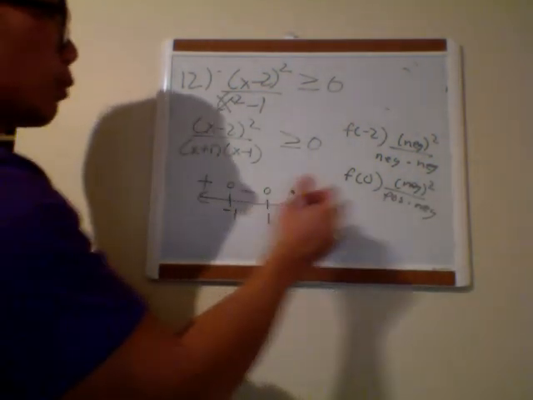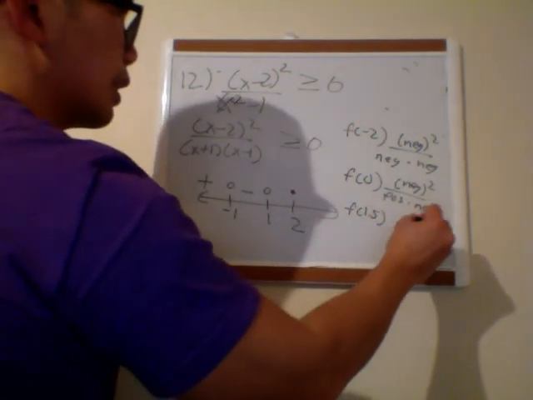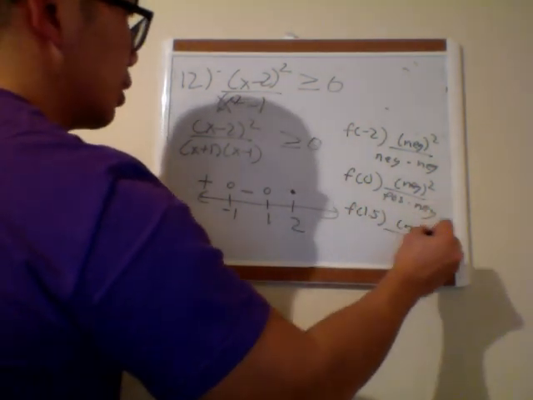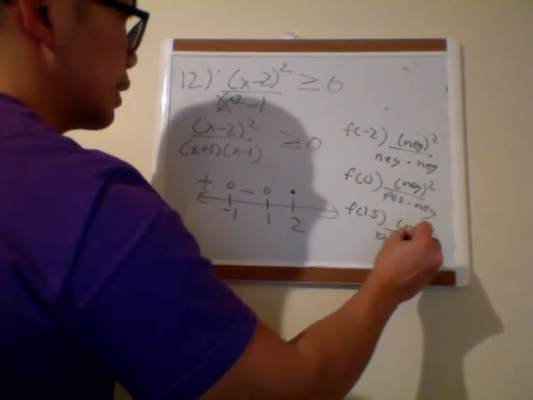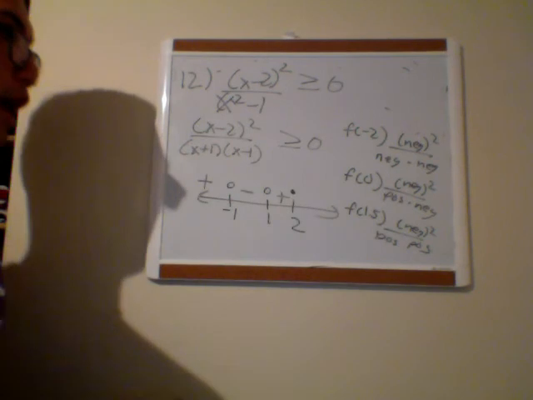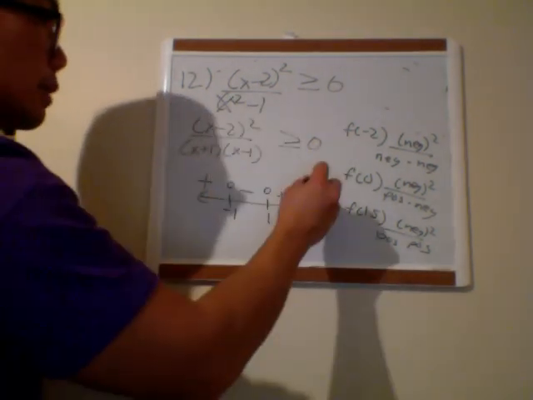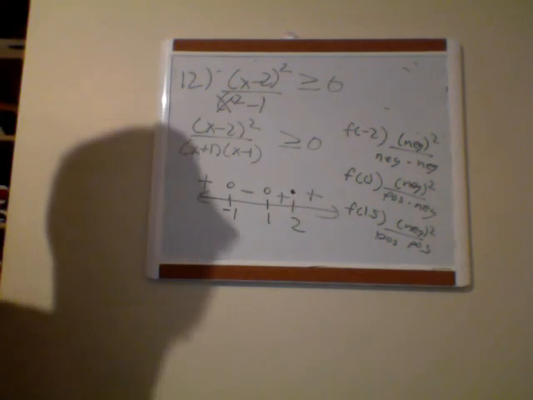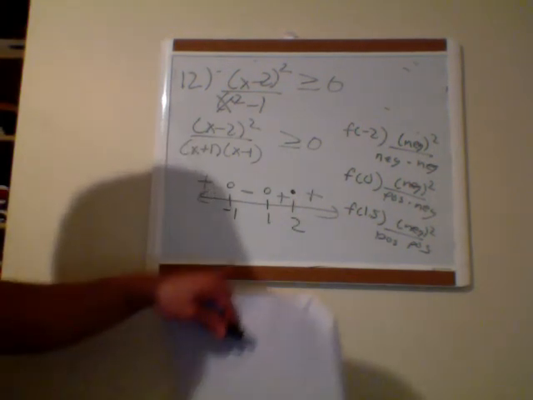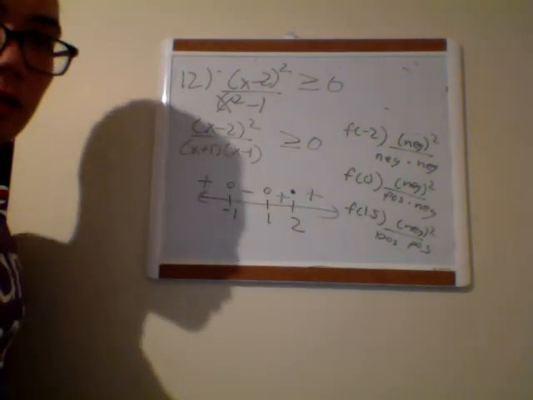If I pick a number like 1.5, this will be negative squared over positive times positive. So this is positive. And then if I pick a number like 3, everything will be positive. So this is positive as well. So I'm looking for when it's greater than or equal to 0. So that is all of my positives.